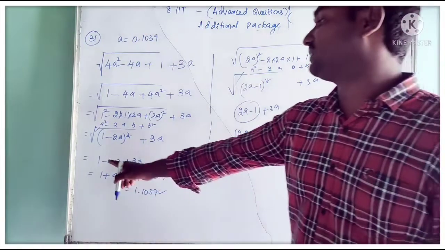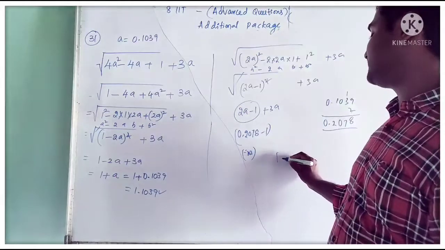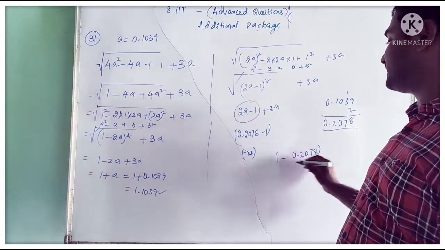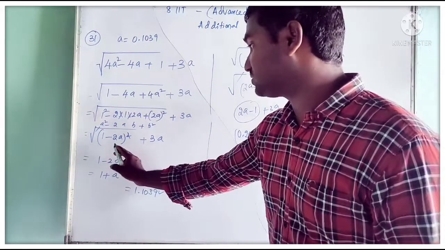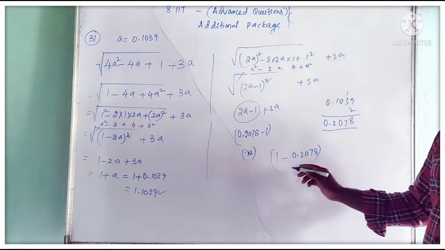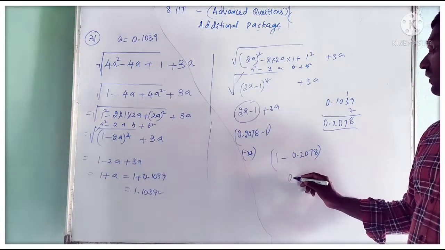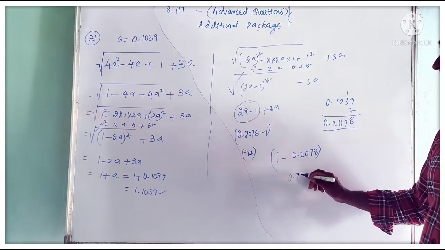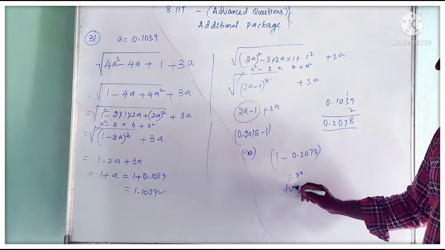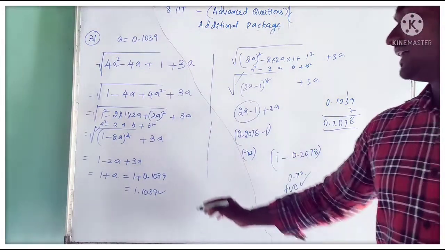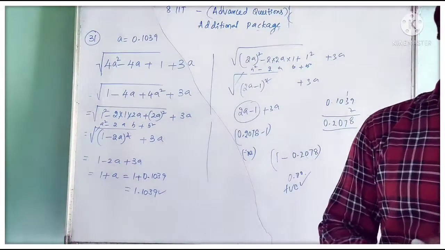If you take 1 minus 2a, 1 minus 0.2078, you will get 0.70 something. It is a positive value, which is the required number. So this is the correct method. If you do it the other way, you will get a wrong answer.